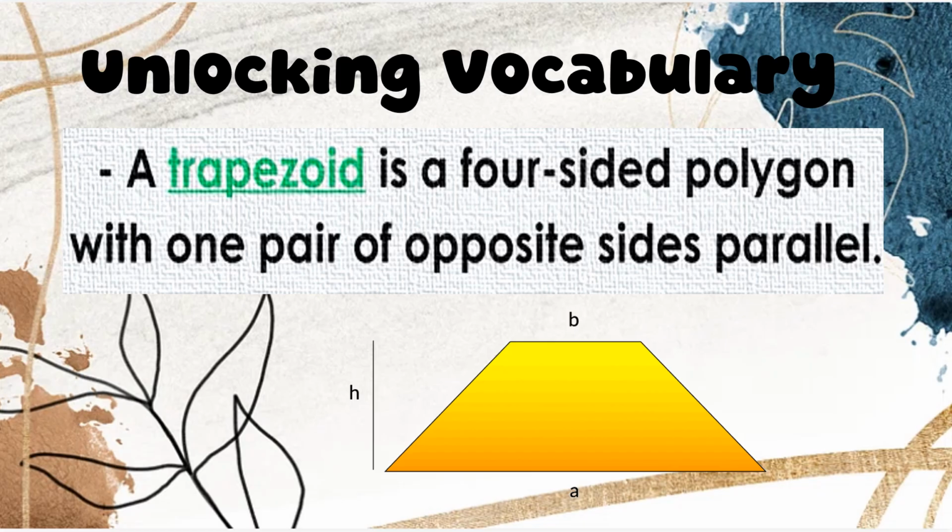Okay, there is only one pair. Side A and side B are the one pair of parallel sides. When we say parallel, class, if you extend the line, it will not intersect. So in this case, only side A and side B are parallel.